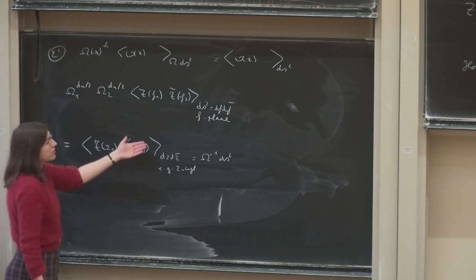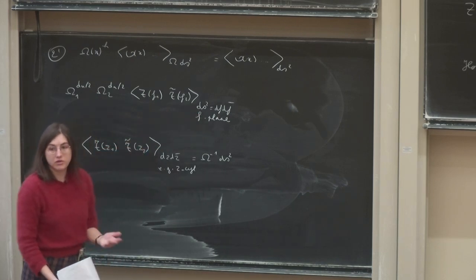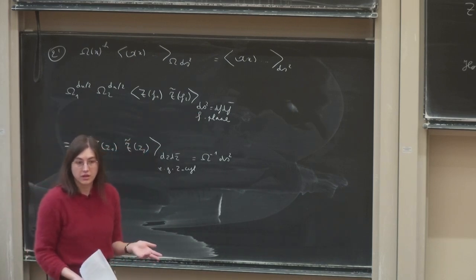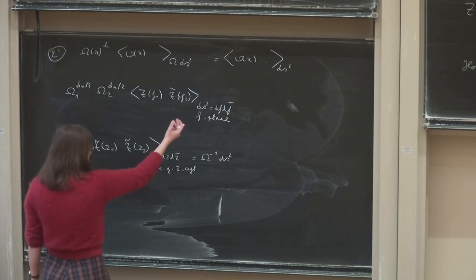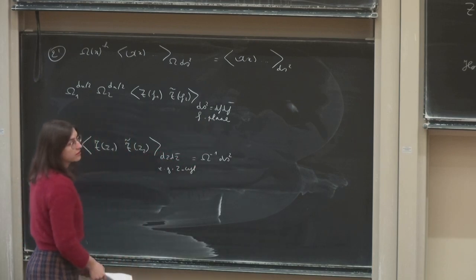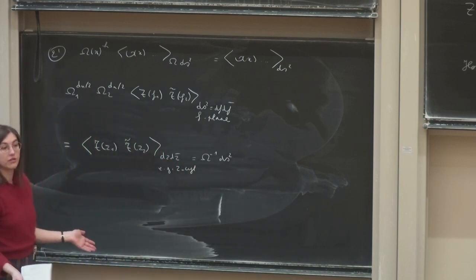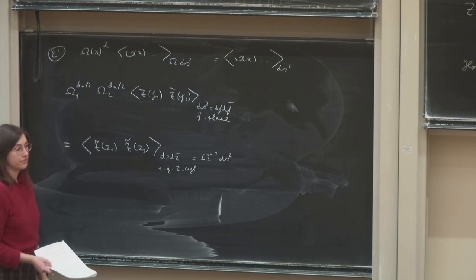And so, for example, a typical conformally related geometry to the plane is a cylinder. And then you can do a map from here to here, and then find the entanglement entropy for an interval on the cylinder very quickly, okay?